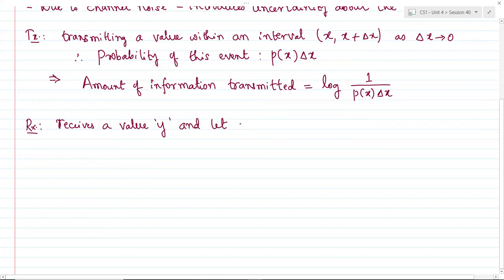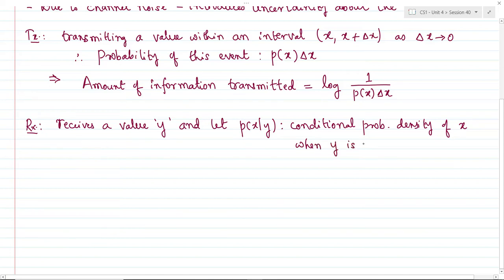And let there be a conditional probability p of x given y, which represents the conditional probability density of x when y is received. For a particular value when y is received, what is the probability density that x was transmitted from the transmitter end?